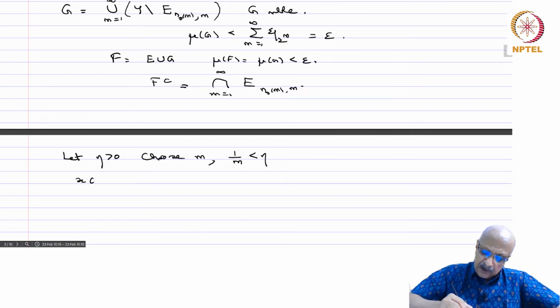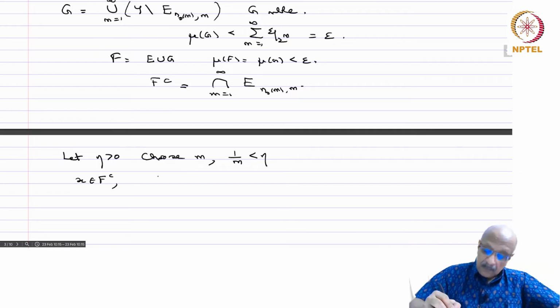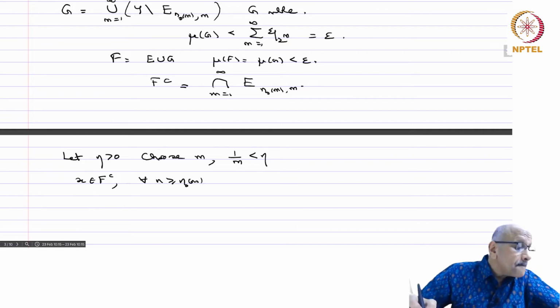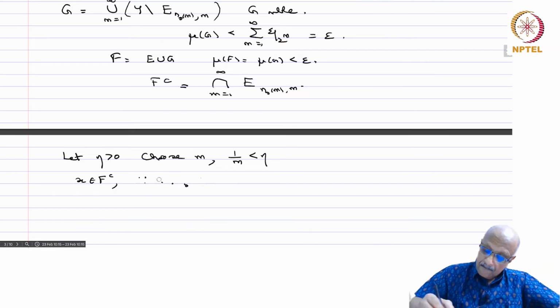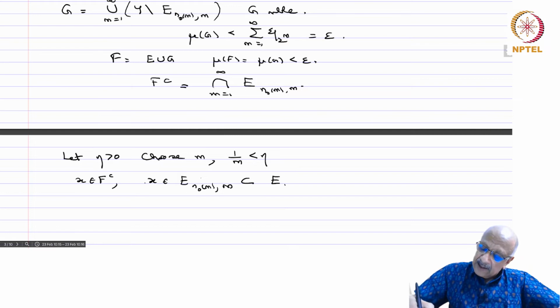So now if x belongs to F complement, then x belongs to E_{n_0(m),m}, which is contained in E_{n,m} for all n greater or equal to n_0(m).